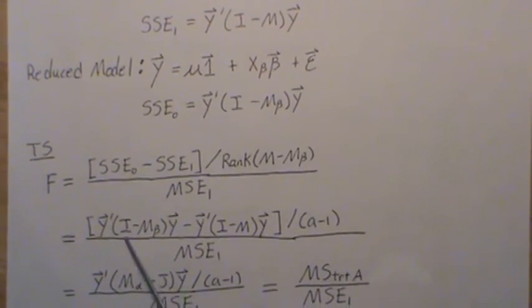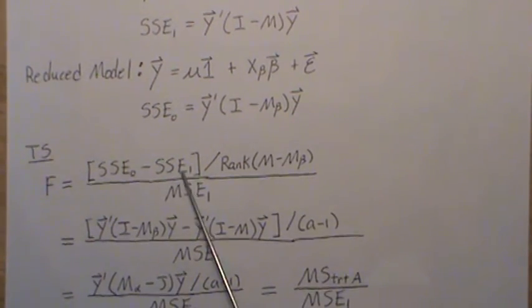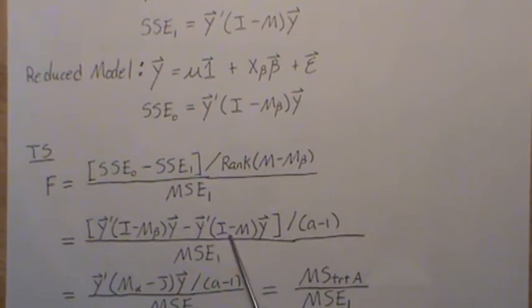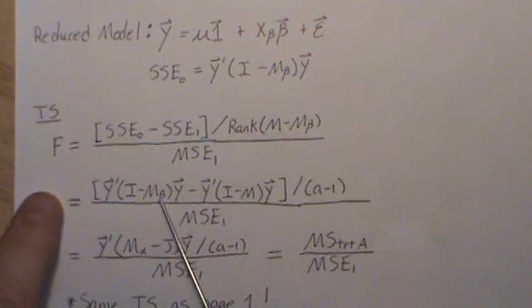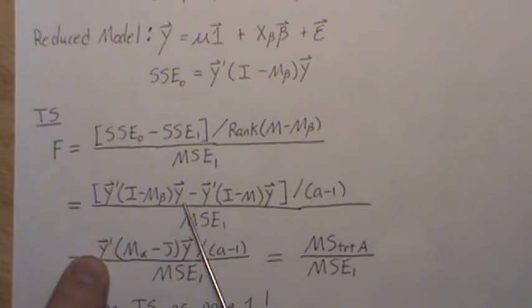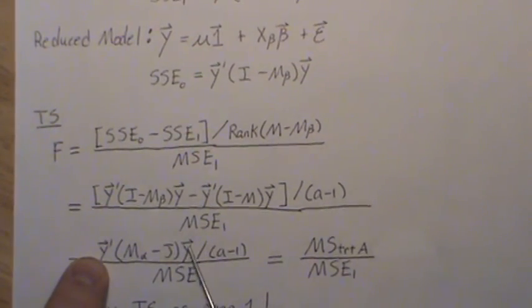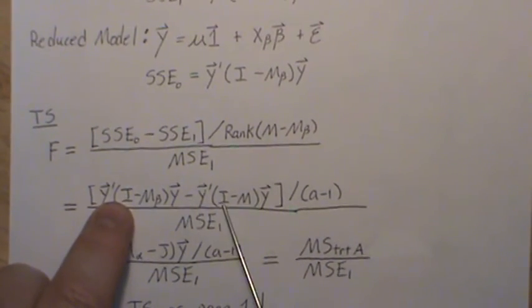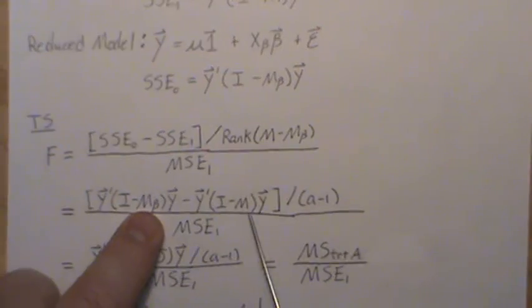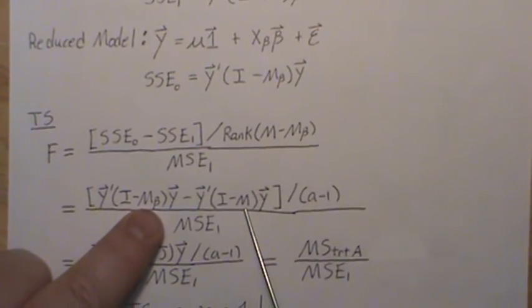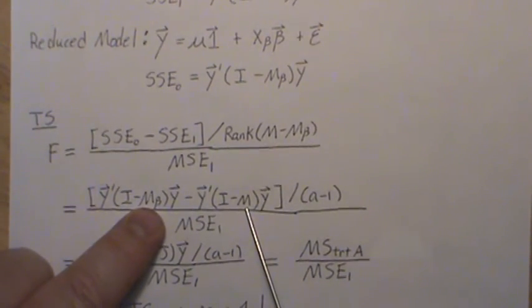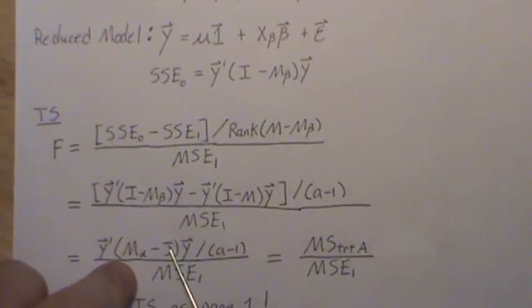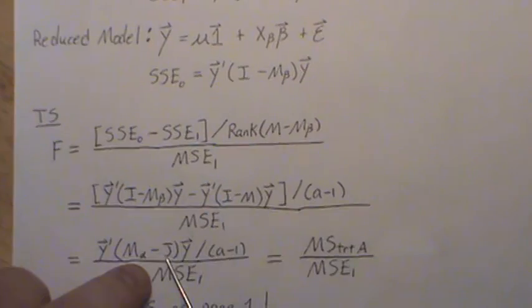Now here, this is the quadratic form for this, and this is the quadratic form. Now, if we factor out y on the left, which is this one, and we factor out y on the right, which is this, we're left over with this. Now, the I's cancel, right? Minus, that's a plus. But M in this setting is M alpha plus M beta minus J. So the M betas cancel, and we're only left with M alpha minus J.